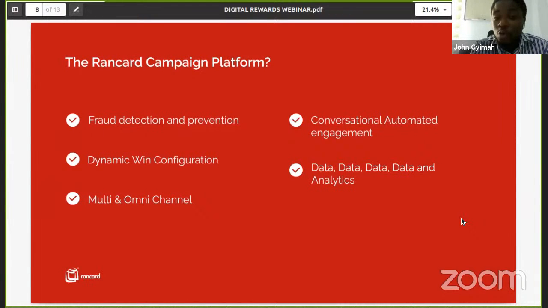The second attempt, they want to do it via Twitter DM. On the third attempt, they want to do it via SMS. But with our omni-channel capability, irrespective of the channel the consumer wants to engage on, our platform is able to identify them and process the request accordingly.